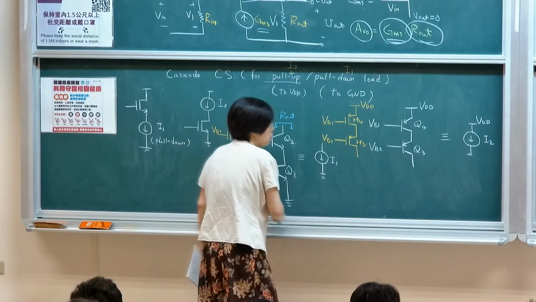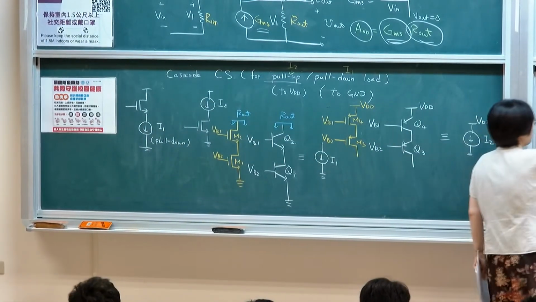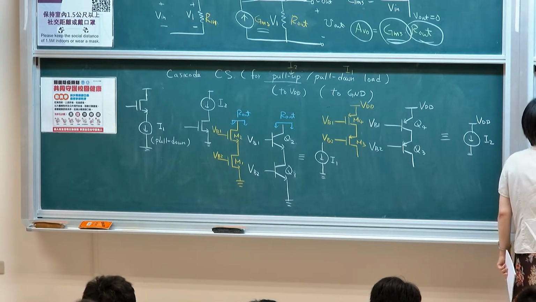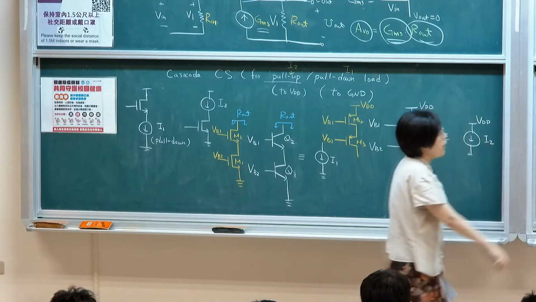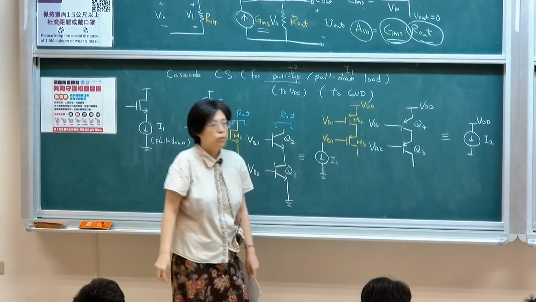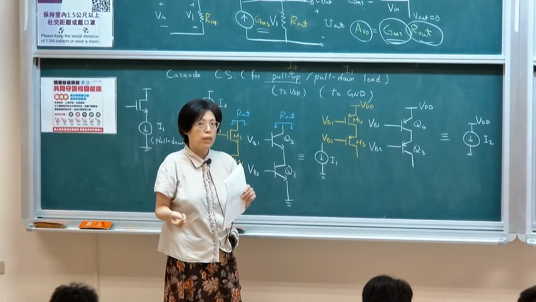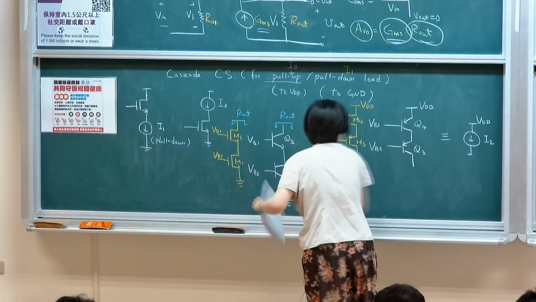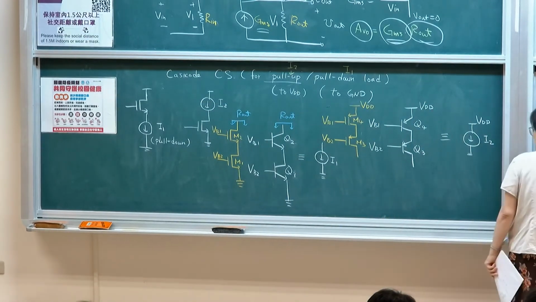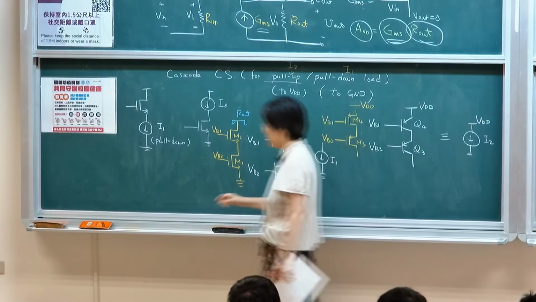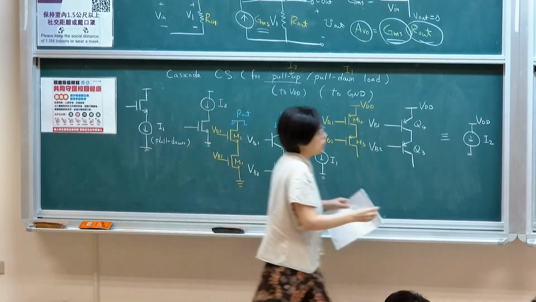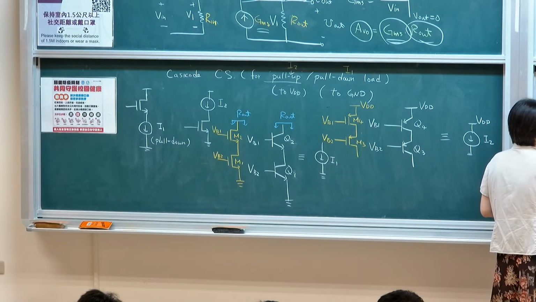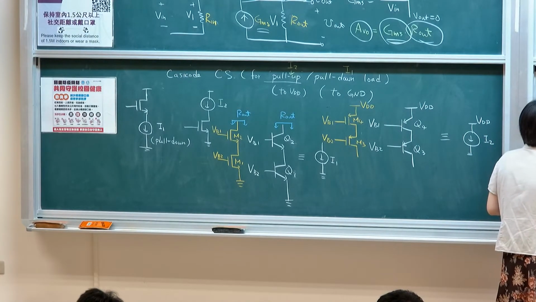So what I want to figure out is its output resistance, looking down from the drain. Remember our discussion on the common gate structure. This will be very similar to that. You can view this as a constant bias, therefore you actually see RO1.